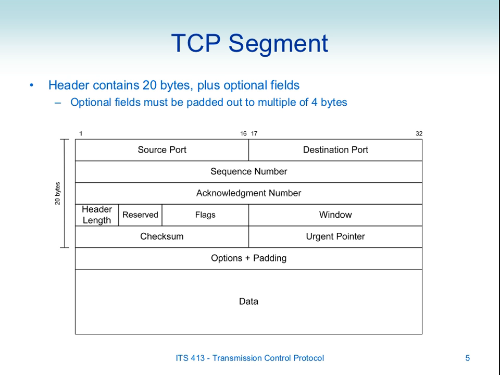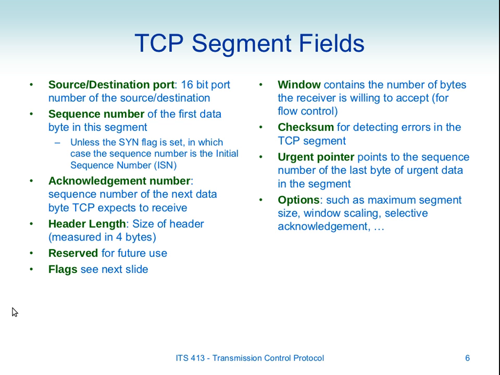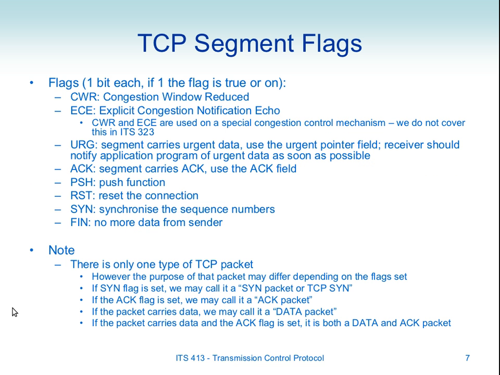The window is another header field that is useful, and that's used in the flow control. We may refer back to the TCP segment structure during the later slides. Just a description of those fields.